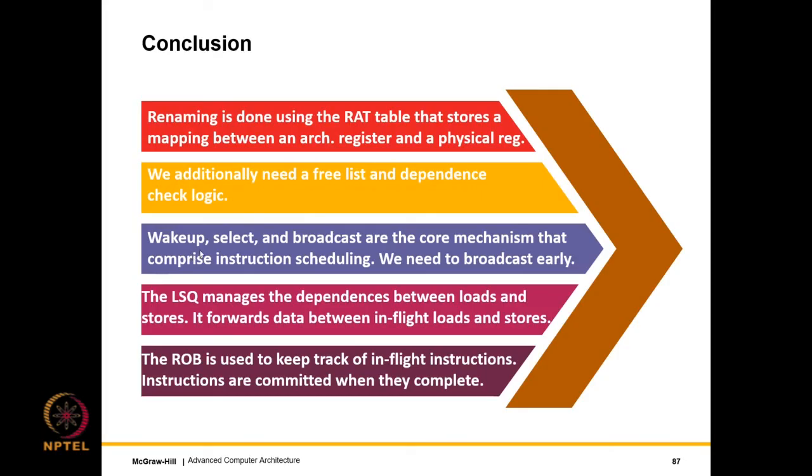Wake up, select and broadcast are the core mechanisms that comprise instruction scheduling. The LSQ manages the dependencies between loads and stores, and forwards data between in-flight loads and stores. And the reorder buffer is a very important buffer that keeps track of in-flight instructions. And when they complete, they are said to be committed. And of course, we need a method of state recovery to move back in time to restore the state that existed when a given branch was being renamed.